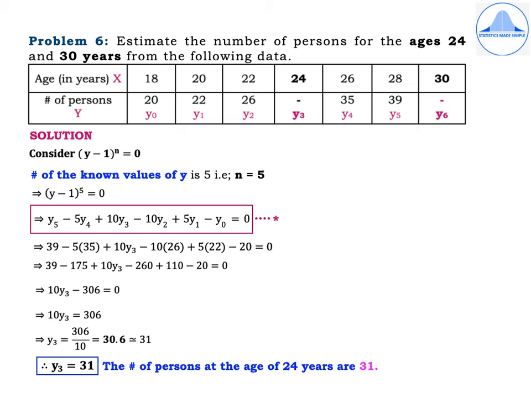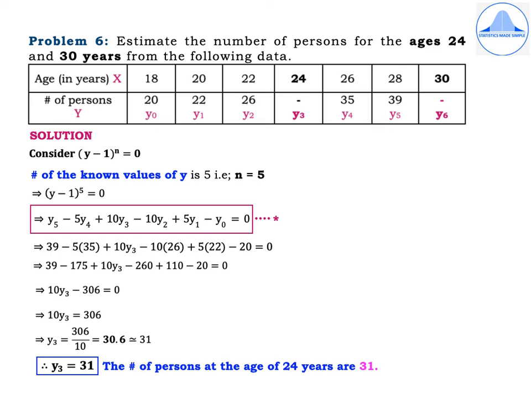Substituting the y values, you get 39 minus 5 into 35 plus 10y3 minus 10 into 26 plus 5 into 22 minus 20 equal to 0, which implies 39 minus 175 plus 10y3 minus 260 plus 110 minus 20 equal to 0, which implies 10y3 minus 306 equal to 0, or 10y3 is equal to 306, or y3 is equal to 306 divided by 10, which is equal to 30.6, and you approximate it to 31 because it is the number of persons.